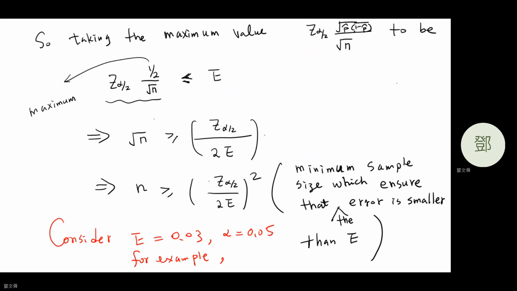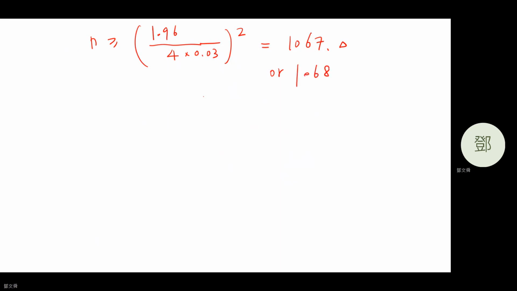Then in this case, n should be at least 1.96 squared, times 1/4, over 0.03 squared, which is 1067 point something.